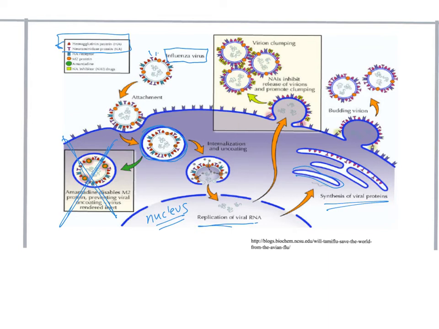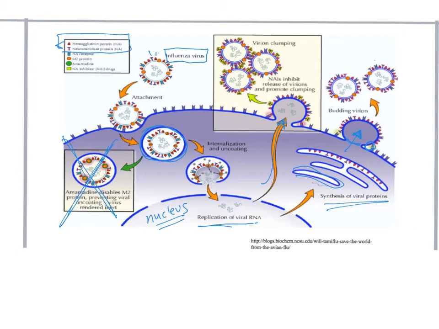And those virions eventually leave the cell. This is how it's typically going to happen over here, where the new virion buds off with the help of those little T-shaped neuraminidase proteins that help this new virion pinch off and go on its merry way.